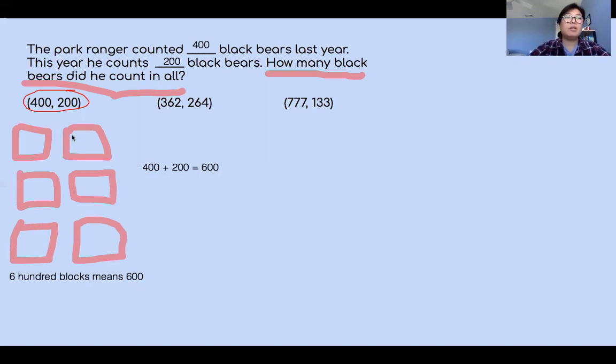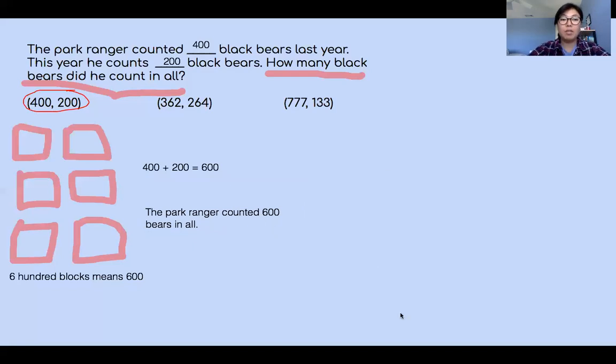Okay, so I did a strategy, and then I did an equation or number sentence, and now I'm going to write a complete sentence to answer my question. How many black bears did he count in all? The park ranger counted 600 bears in all, period. Okay, so that's my final answer.